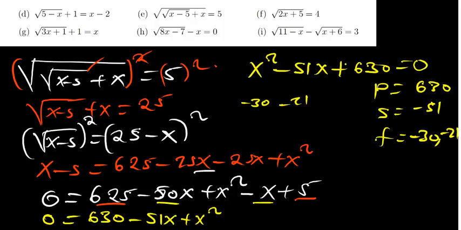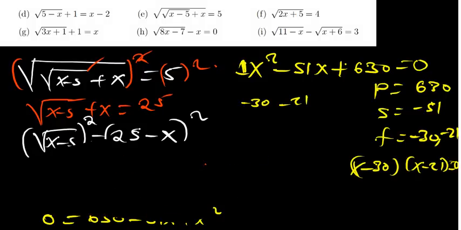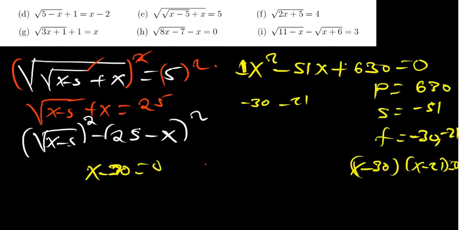Like I said, if the coefficient here is 1, you just get x minus 30 and x minus 21 equal to 0, because the coefficient here is positive 1. So allow me to finish this question from this side. I'm going to have x minus 30 equal to 0 and x minus 21 equal to 0. So x will be equal to 30, x will be equal to 21.